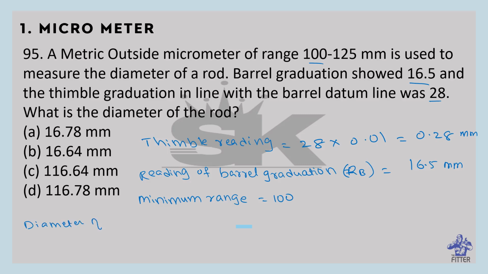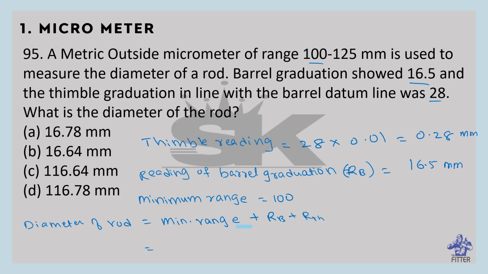Diameter of rod equals minimum range of outside micrometer, that is 100, plus RB, that is reading on the barrel, plus reading of thimble.